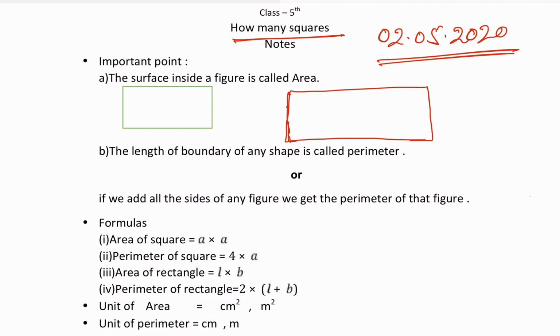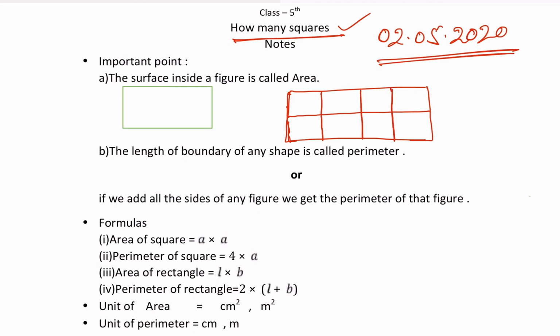How Many Squares? From the name of this chapter you all understand what is to be done in this chapter.